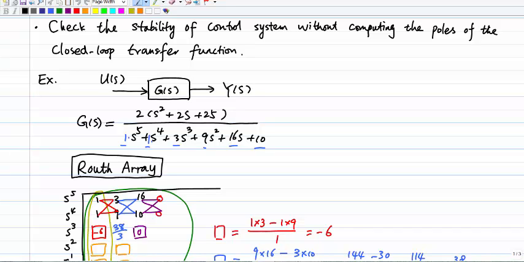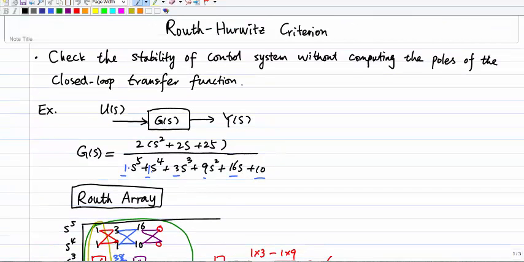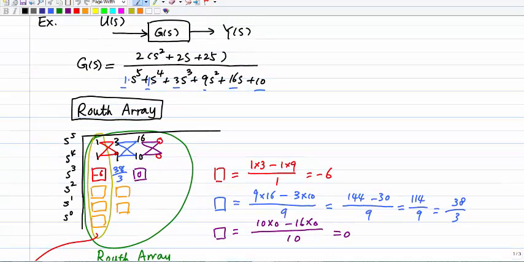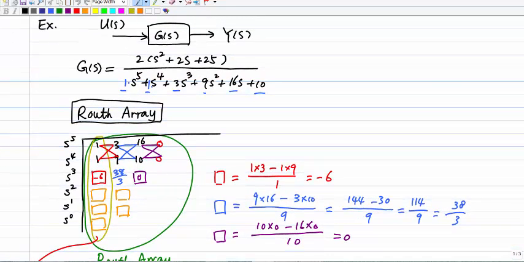To use the Routh-Hurwitz criterion to check if the system is stable or not, we have to compute a Routh array. The Routh array is computed by, first of all, putting a horizontal line and a vertical line, and then on the left-hand side we put powers of s. Basically, we have s to the highest power, s to the fifth, s to the fourth, s cubed, s squared, s to the 1, s to the 0.